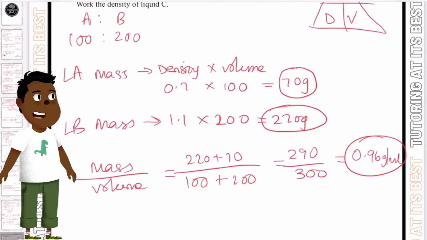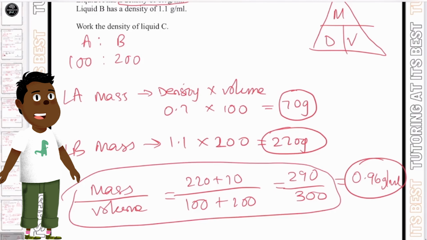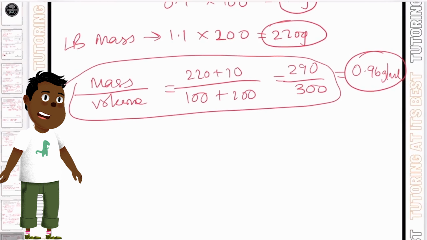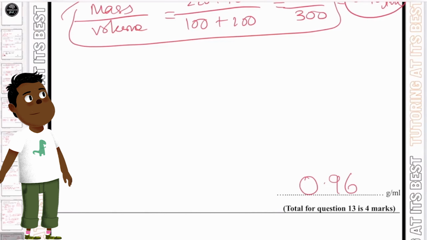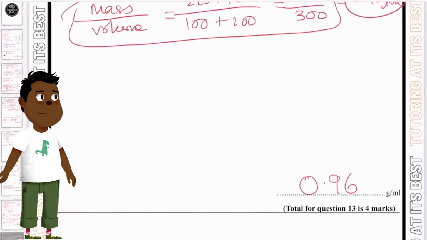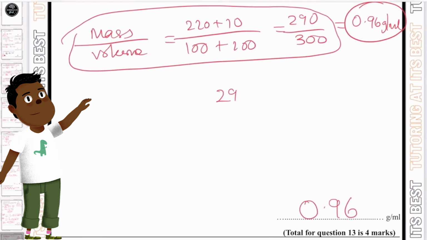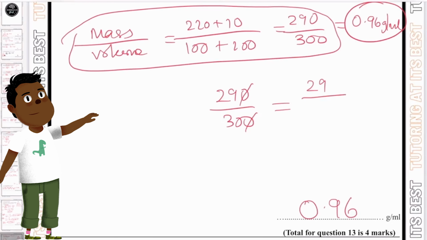So now we know that the total density of liquid C is 0.96 grams. And remember, the reason why I had to add all of this together is because it states that liquid A and B are mixed together to make liquid C. So that gives our answer as 0.96 grams per milliliter. Or alternatively, you can simplify your fraction by crossing out a 0, and that is 29 over 30.